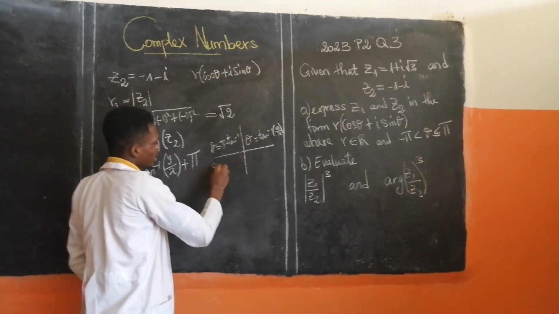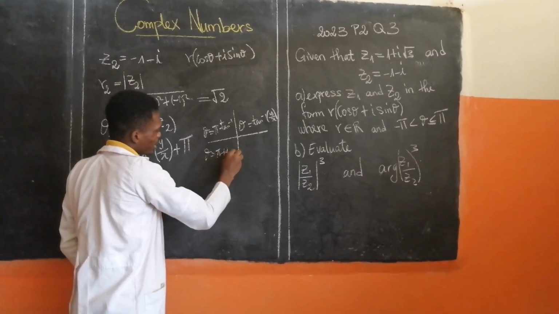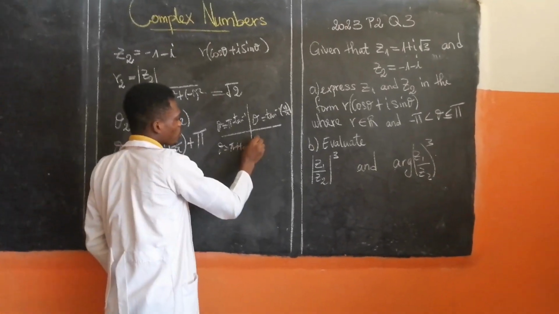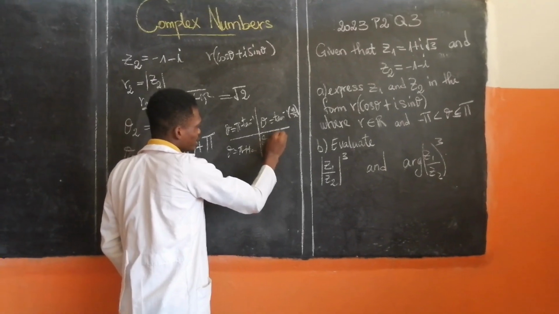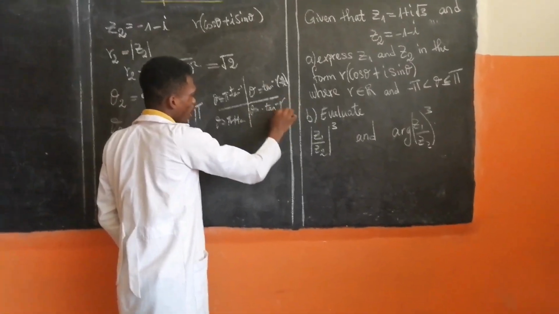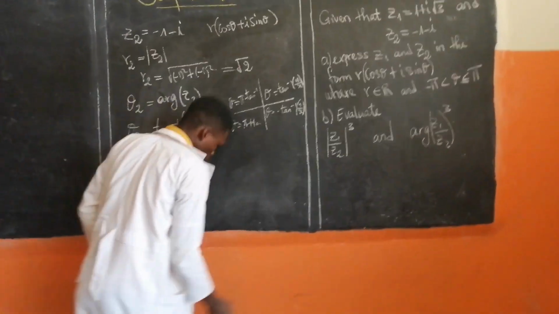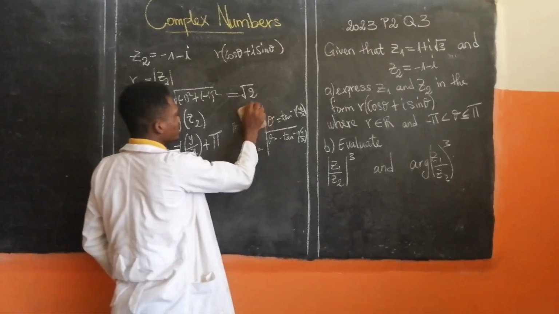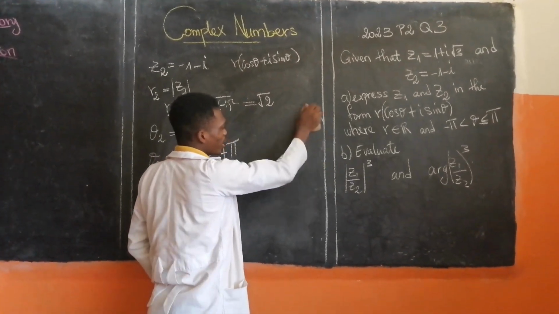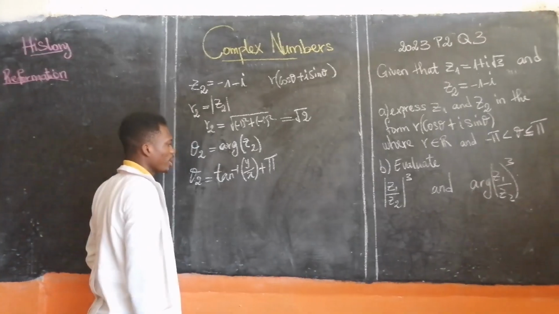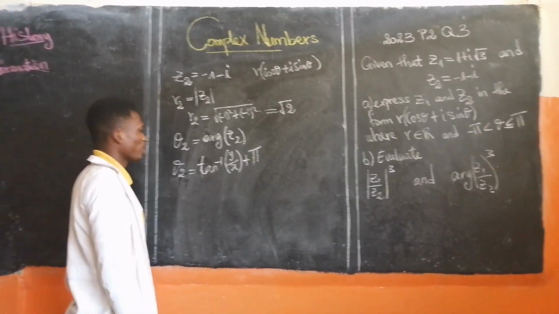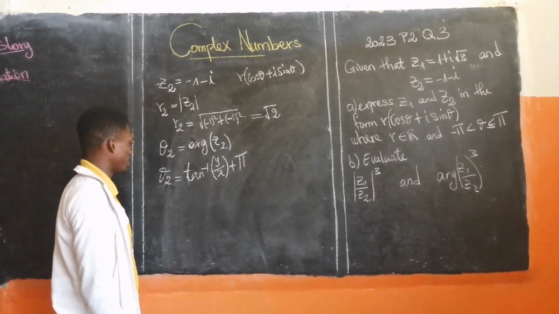In the third quadrant, theta is equal to pi plus the tan inverse. And in the fourth quadrant, theta is equal to negative tan inverse of y on x. So this is the general way of finding the argument of a complex number. I'm going to drop such a video on this channel.